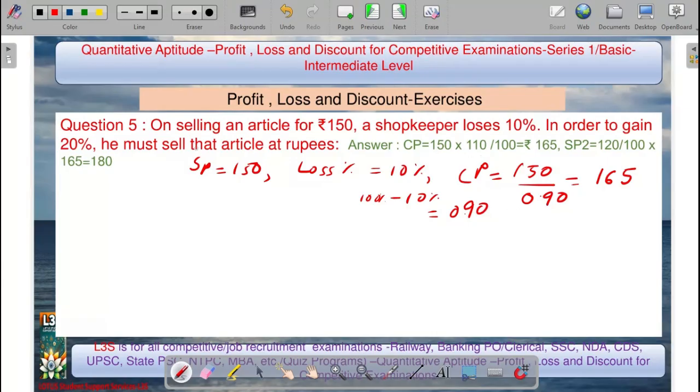Now what will be the selling price in order to get a profit of 20%? That is simple.